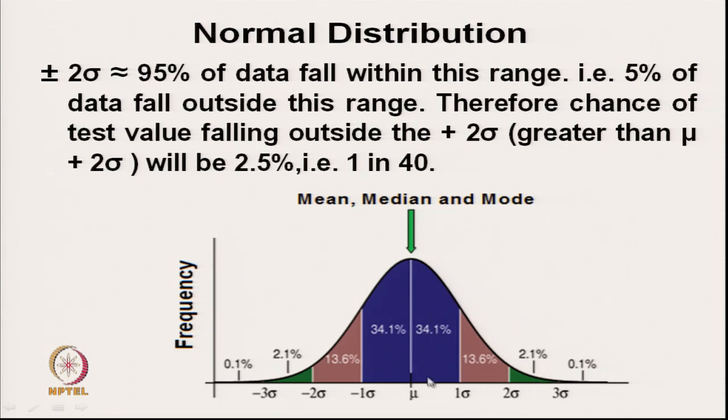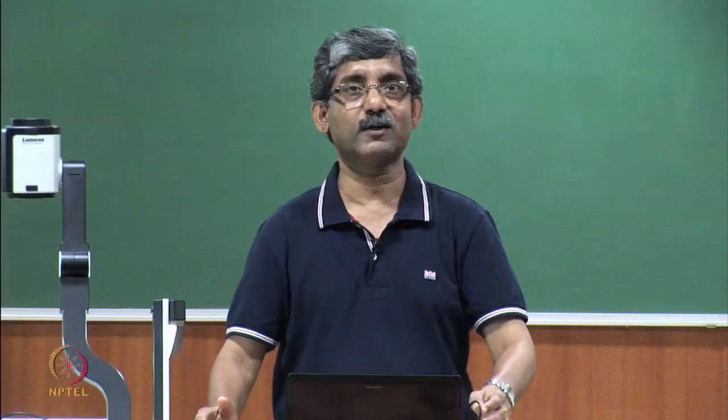So, on the right side we are adding 13.6% and again on the left side we are adding 13.6%, because it is equal on both sides. If you take together plus 2 sigma and minus 2 sigma, it takes care of 95% of the data. That means within mu plus minus 2 sigma, 95% of the data lie in that region.